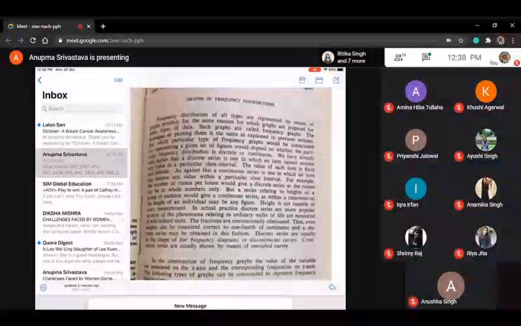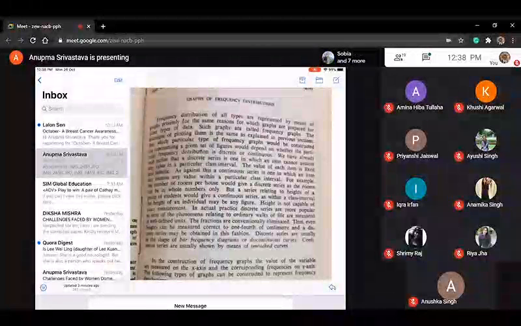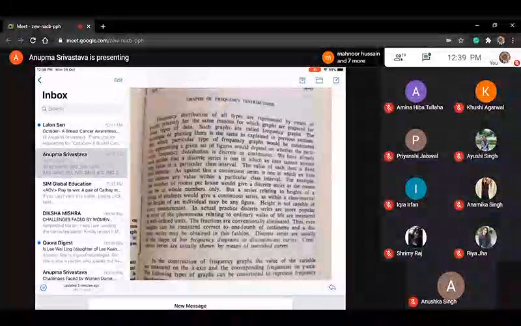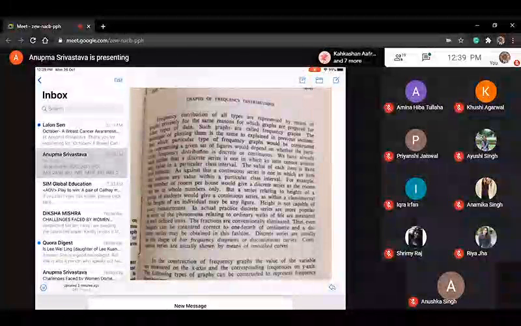And continuous will be, if you see, we have written that a discrete series is one in which an item cannot assume any value in a particular class interval. That means there is no class interval when we talk about the discrete series, and the value of each item is fixed and definite. On the other hand, a continuous series is one in which an item can assume any value within a particular class interval.